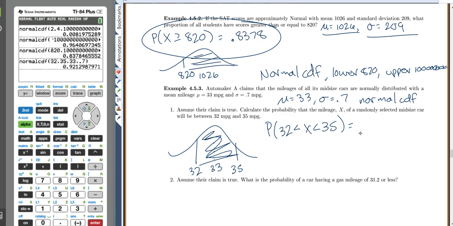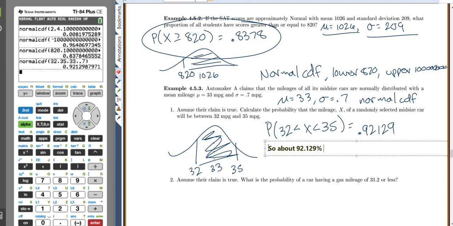So it looks like we're at 0.92129. So about 92.129% of the cars will have mileage between 32 and 35 miles per gallon.